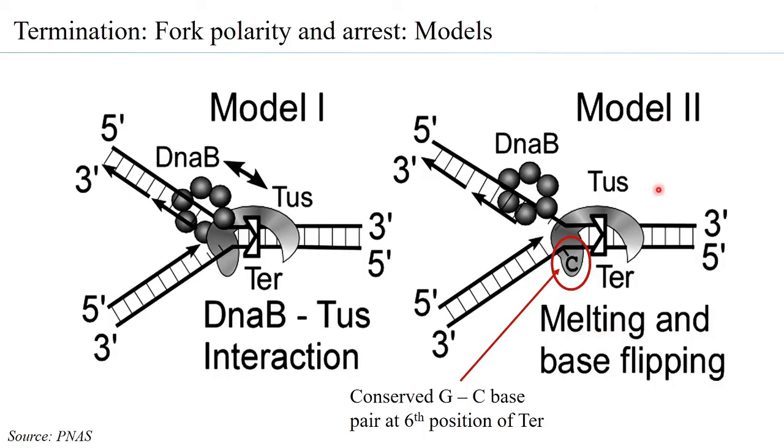So what this model suggested is that the moment the GC base pair is unpaired, so the hydrogen bond between the two has been broken, who breaks that? It is the DnaB that breaks that. So basically, it is allowing the unwinding to go on, initiated within the TER region as well.